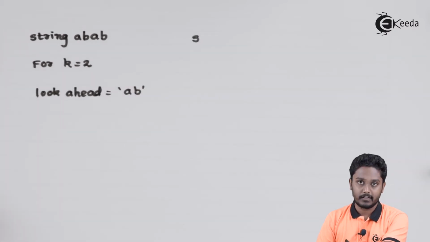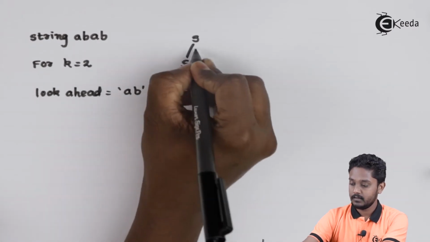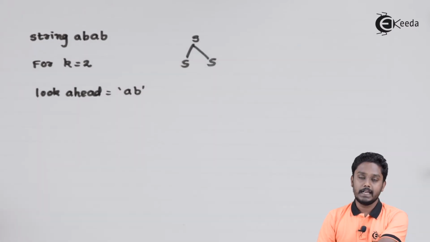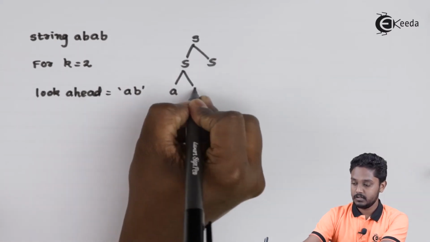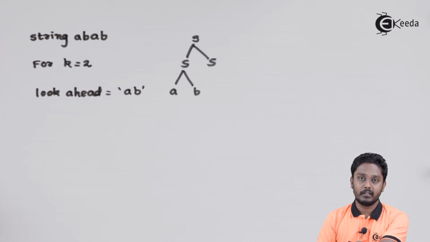S produces SS. SS can produce AB in terms of the first S. And hence we can say that with two lookahead symbols, we can use the first production.